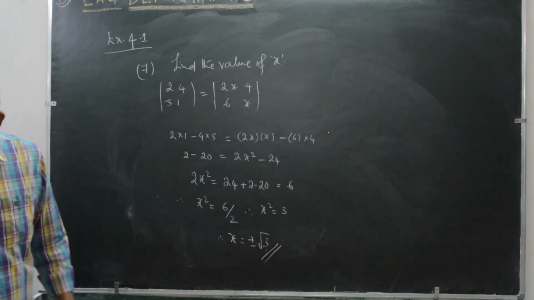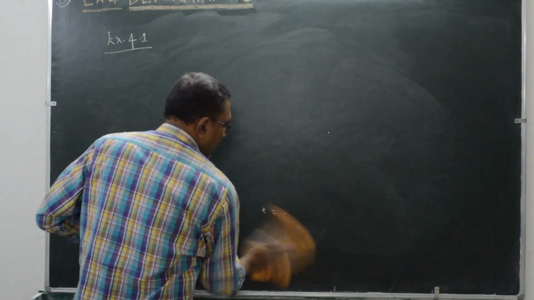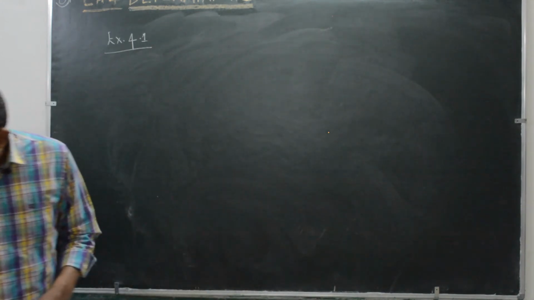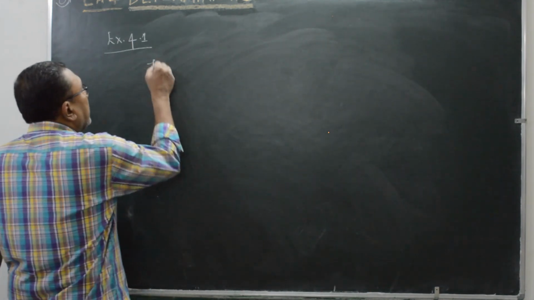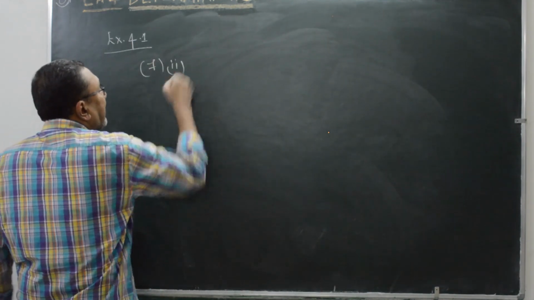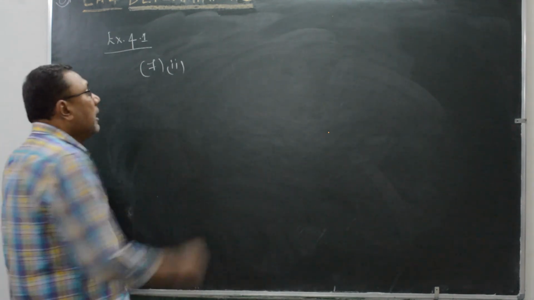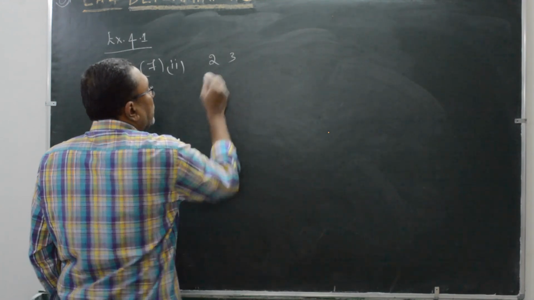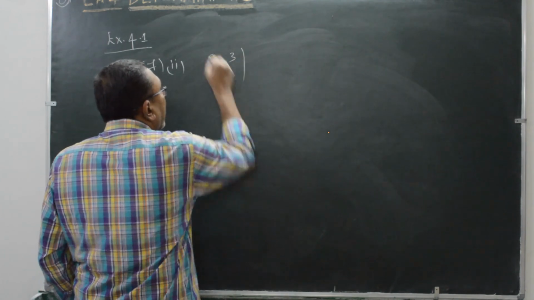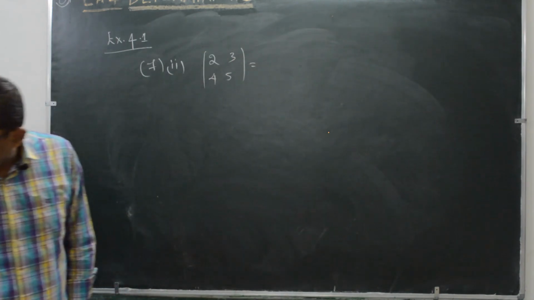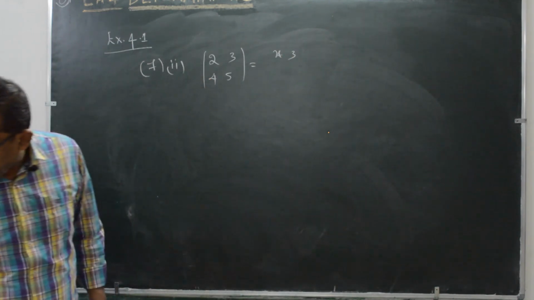Let's jump into the next question, which is the 8th one. No, we have another one, the second sub question in the 7th problem. On similar lines, we need to find the value of x. I'll take this 2 by 2 matrix, 2 3, 4 5, which is equal to x 3, 2x 5.